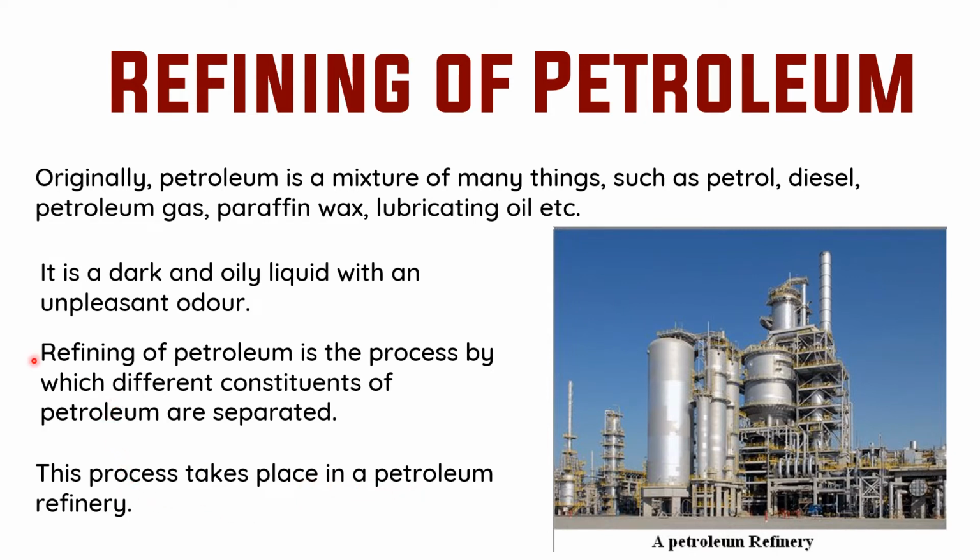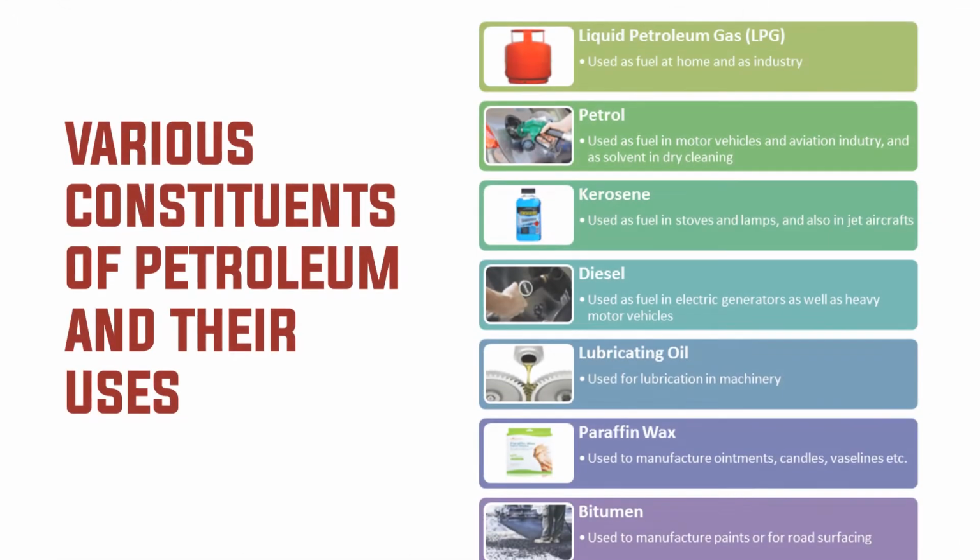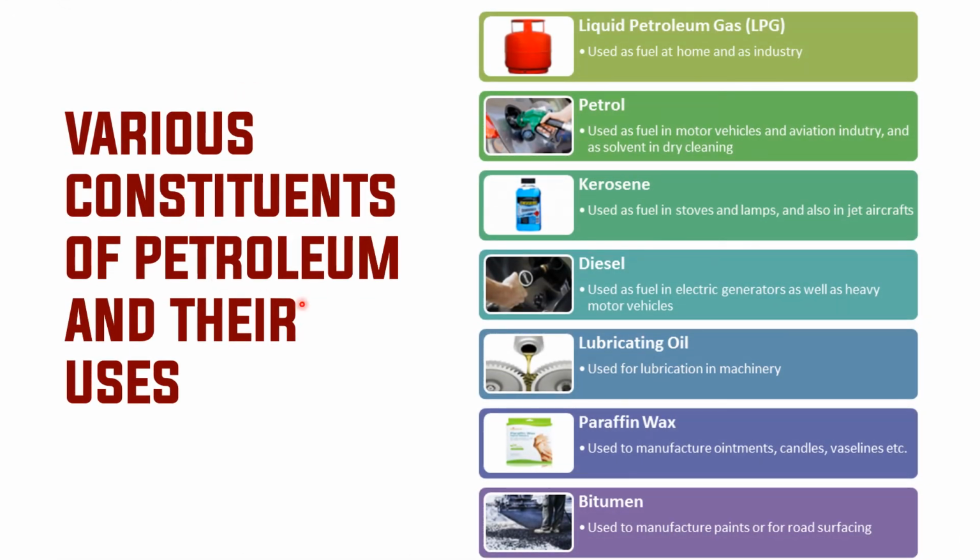Okay, children. After refining petroleum, we get such things as petrol, diesel, petroleum gas, paraffin wax, lubricating oil, etc. Various constituents of petroleum and their uses.